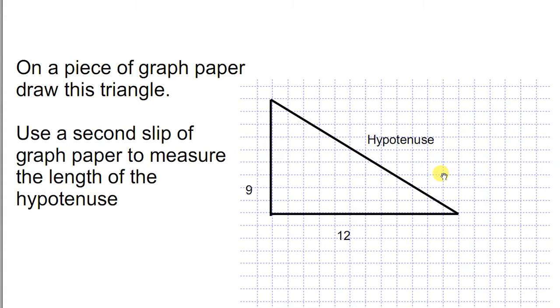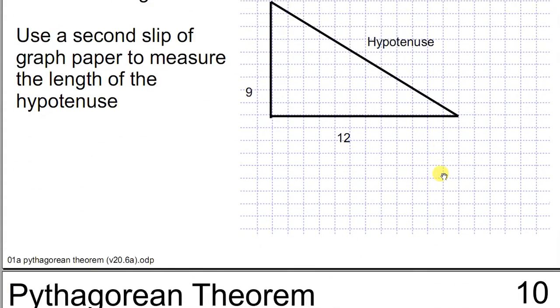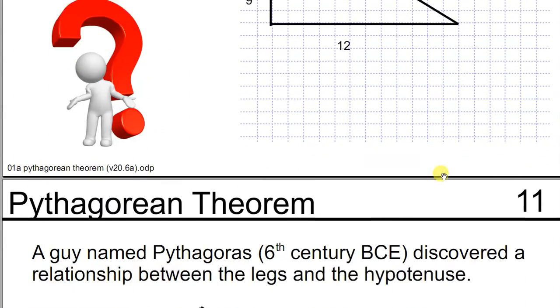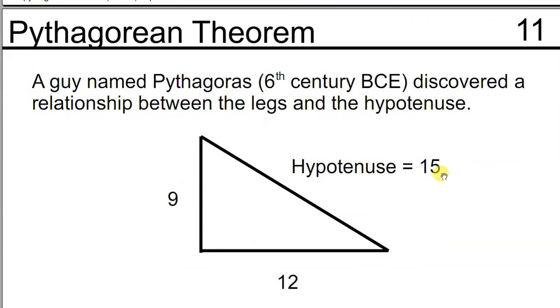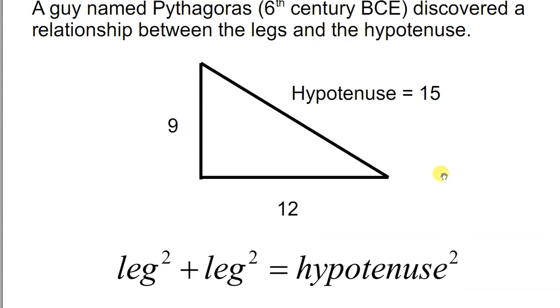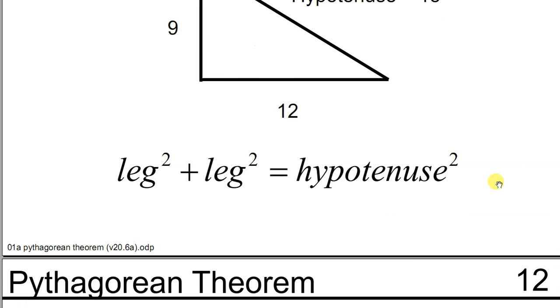Since you're watching this video, we're going to skip this slide. But here is the Pythagorean theorem. If I have any two sides, I can find the third side using this theorem. So here's what we're going to do with a 9-12 triangle.